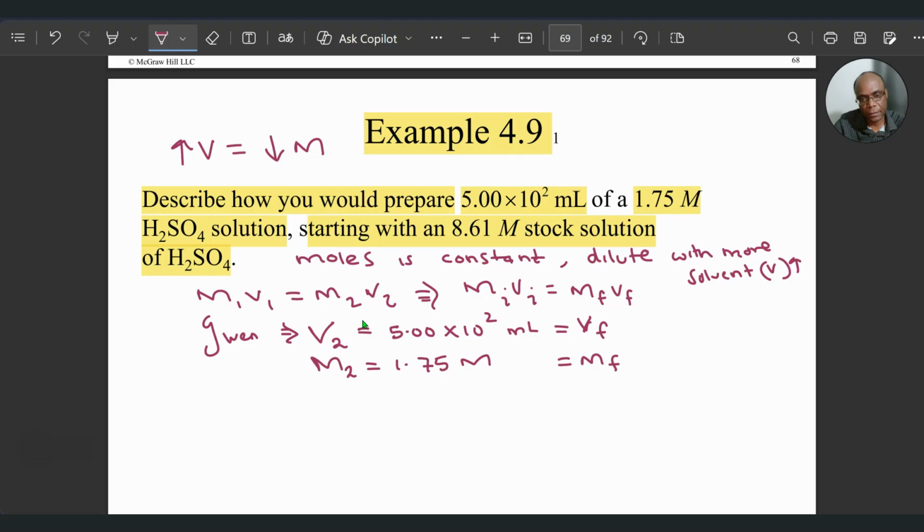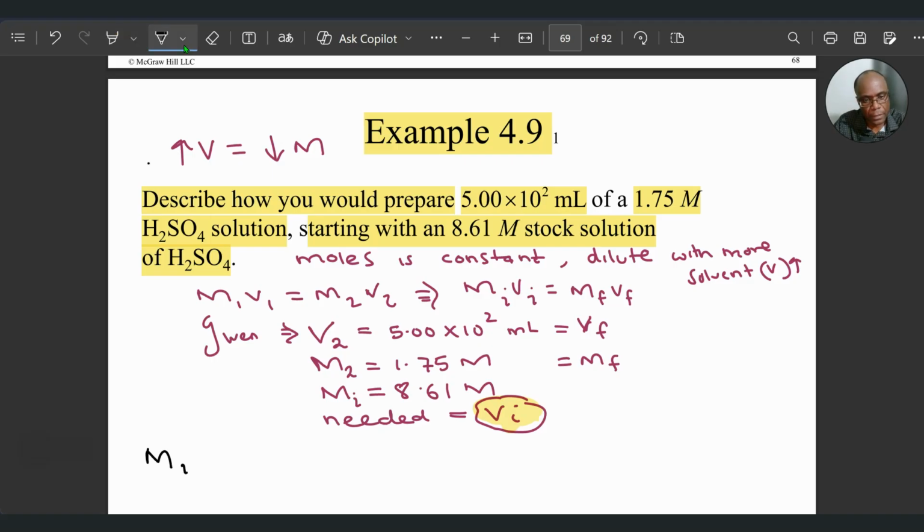I'm also given the initial concentration, Mi or M1, to be 8.61 molar. I need to find V1 or Vi, the initial volume that needs to be diluted. And that's how I'm going to describe my answer.